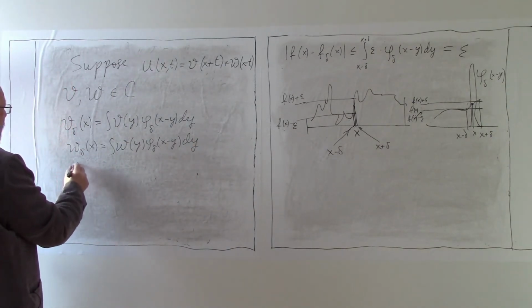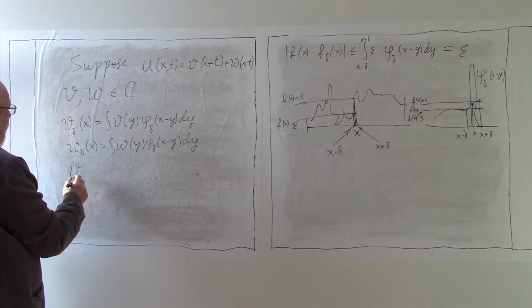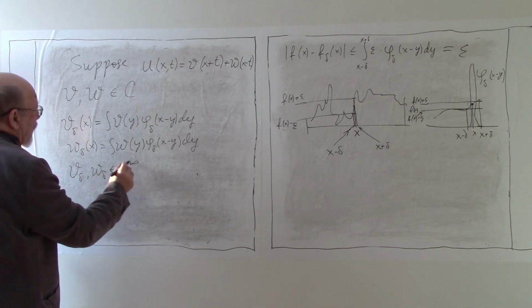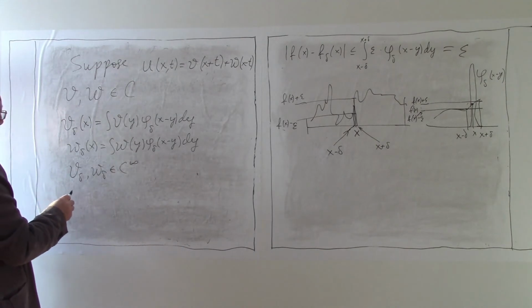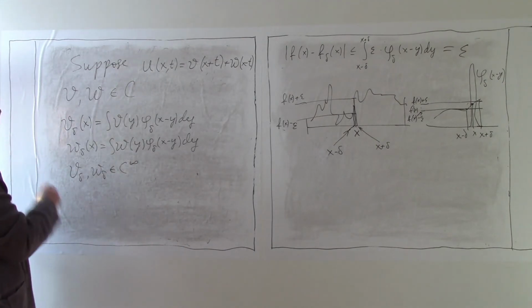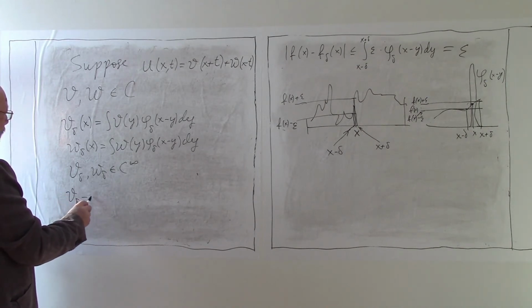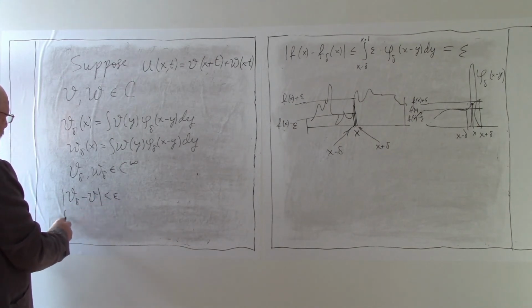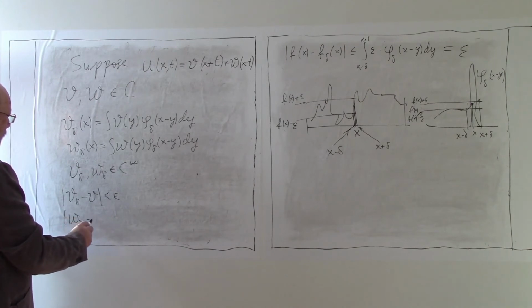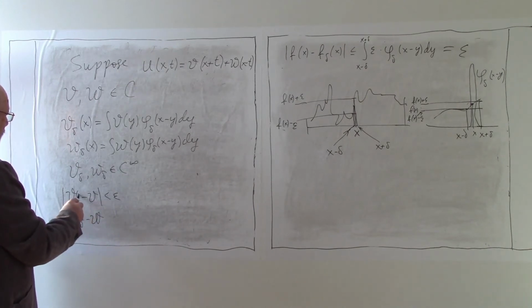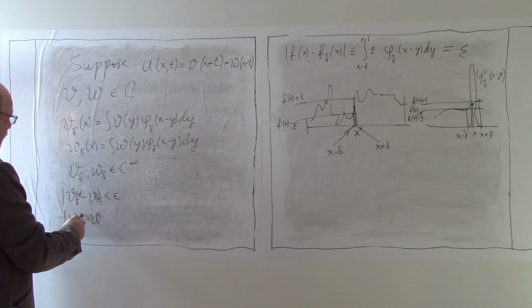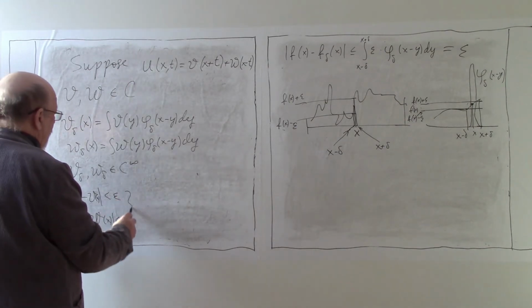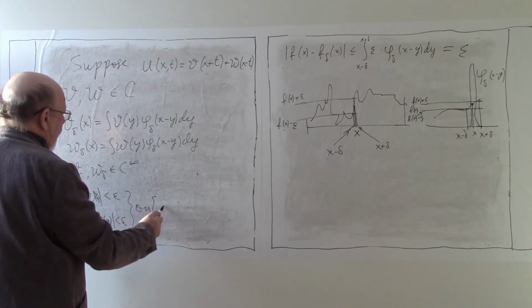Then v_delta and w_delta are in C infinity, and modulus of v_delta minus v is less than epsilon, and modulus of w_delta(x) minus w(x) is less than epsilon, on the segment AB.